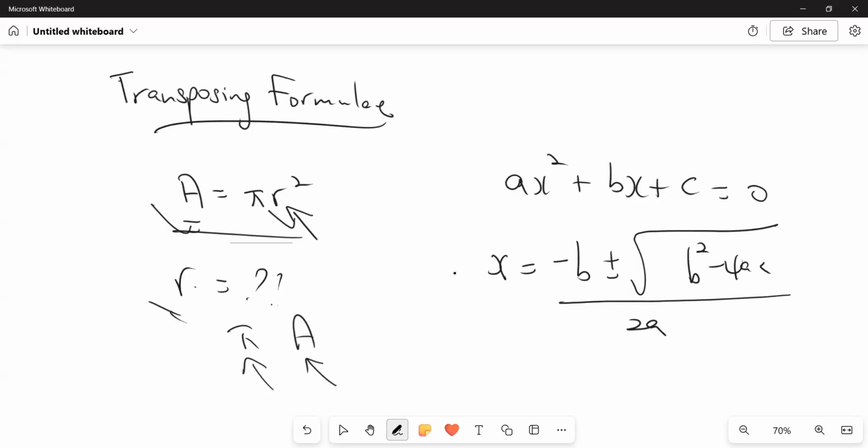Just imagine, it is by means of a transposition that this formula came into being. So it can help you with that kind of thing. I mean, you've got to be really good to move from here to here.